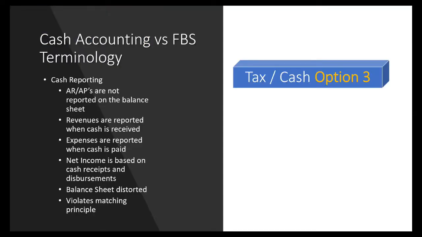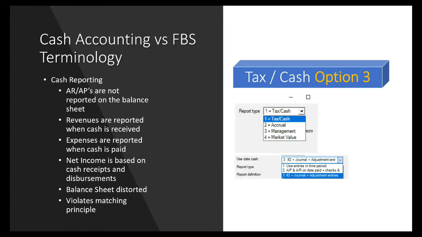And so first of all, cash accounting, in my mind, is what I just went through. It's the tax cash level with option 3 cash exchange, and that would be represented by those menu items.